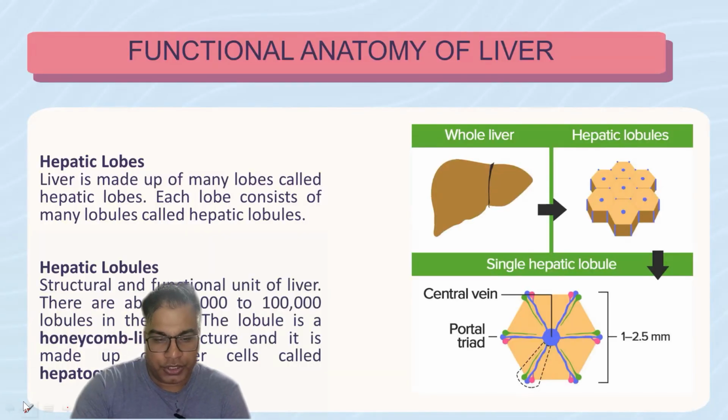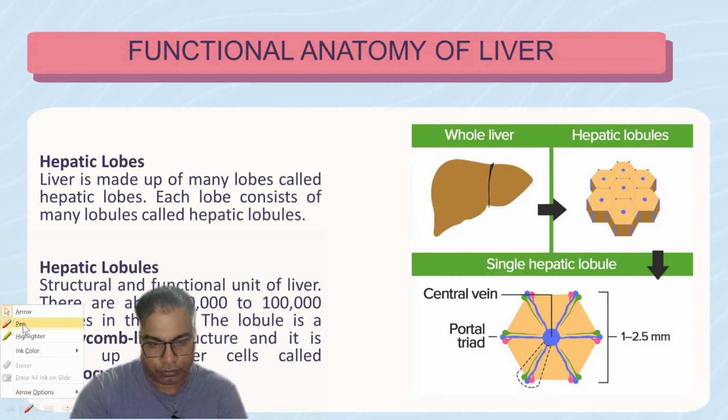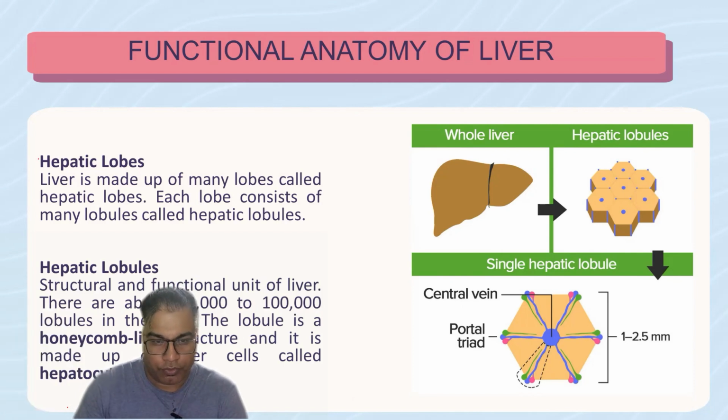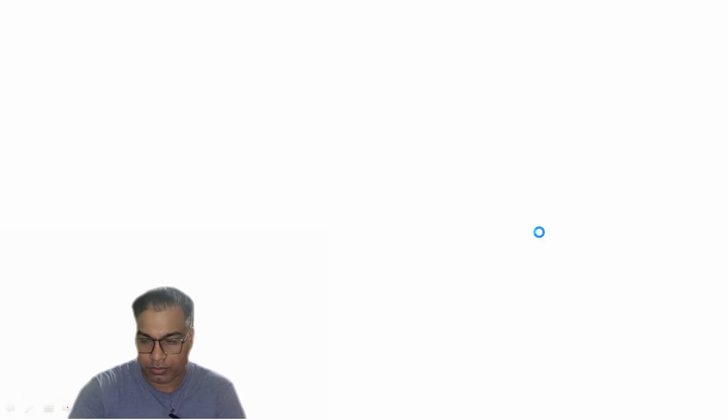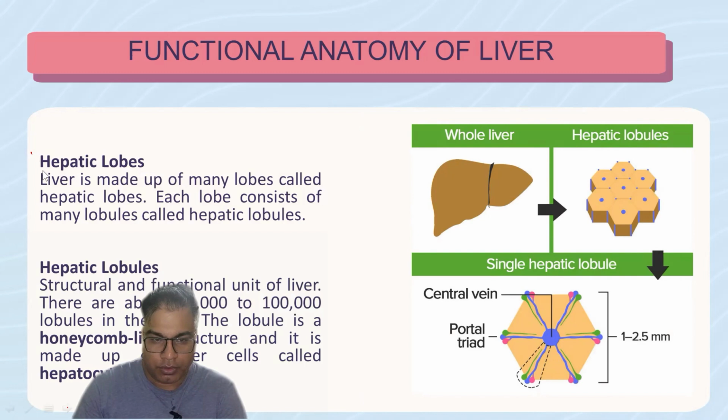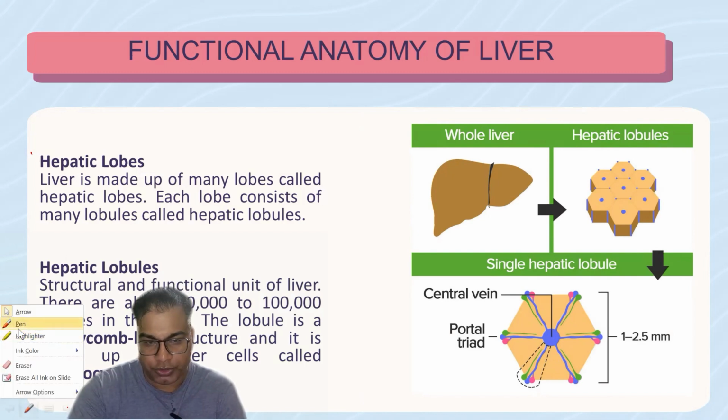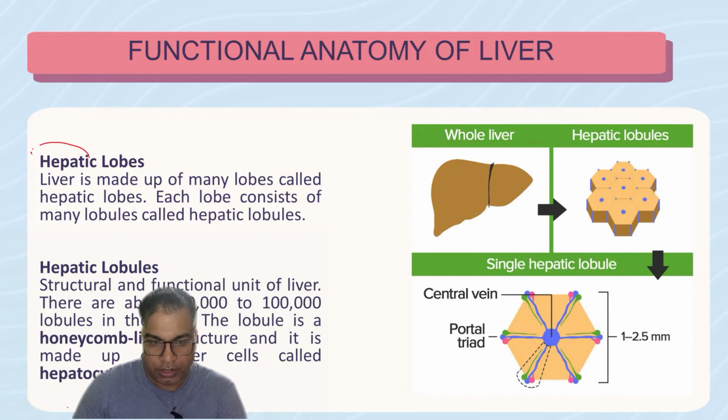Now come to the functional anatomy. These broad lobes which we discussed in this image could also be divided into small functional units, called hepatic lobules. These are hexagonal lobes.